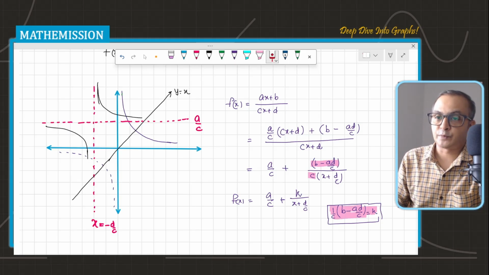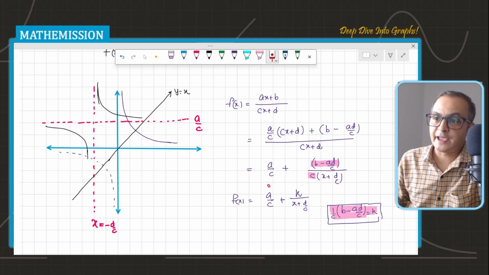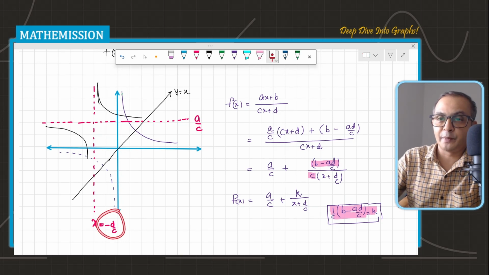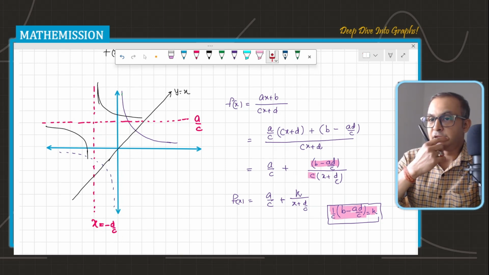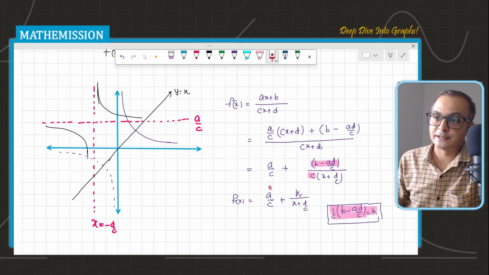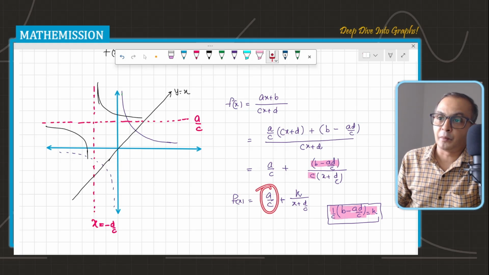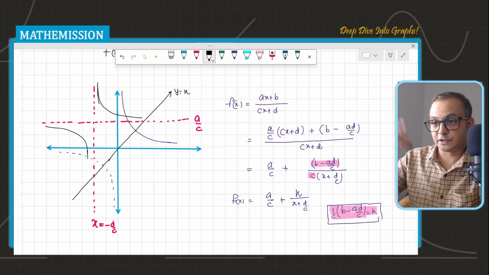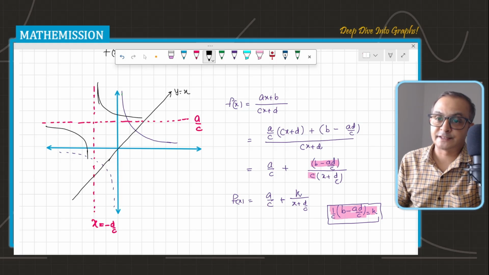In this process, because a by c we don't know, d by c we don't know, what I did, I shifted leftward by d by c unit. So I have to maintain the symmetry about y equals x by shifting it down. It means this a by c must have such a feature that it will shift the graph by the same unit down.